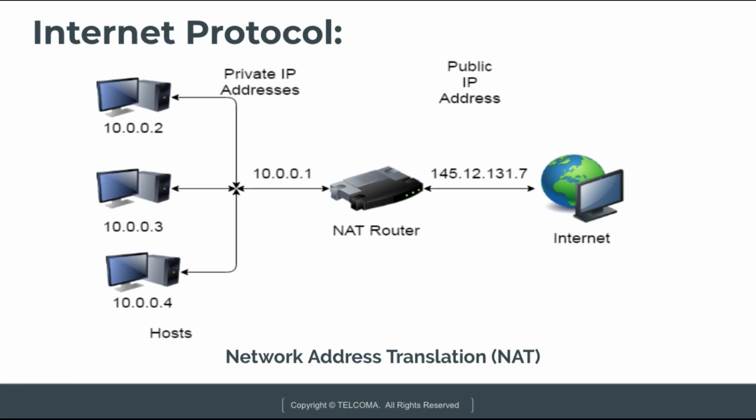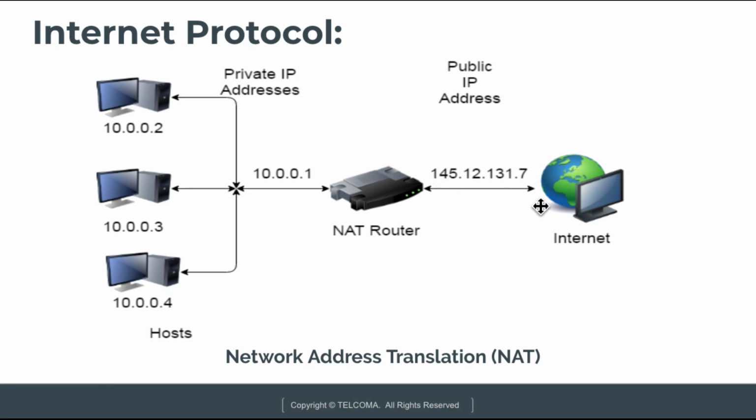If a host wants to access resources outside the network, from the internet, then the host must have a public IP address. For that, the NAT process uses a NAT router, which on one port contains the private IP address and on another port contains the public IP address.